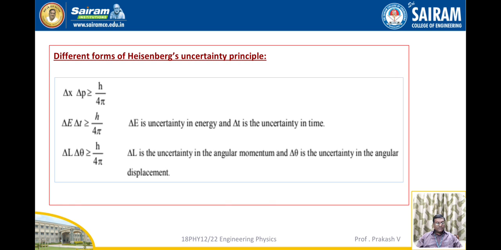The third equation is delta L into delta theta greater than or equal to h by 4 pi. Here delta L is the uncertainty in angular momentum and delta theta is the uncertainty in angular displacement. So these are the three forms of the Heisenberg uncertainty principle.